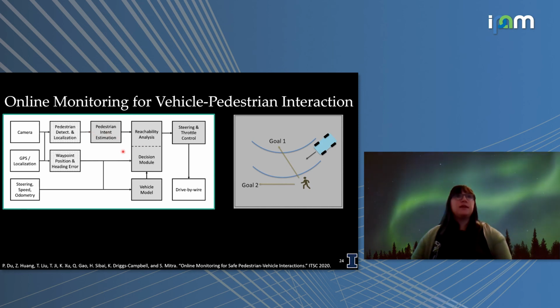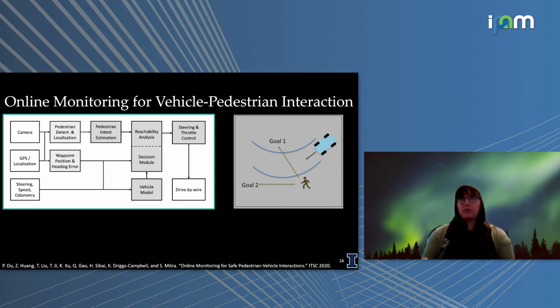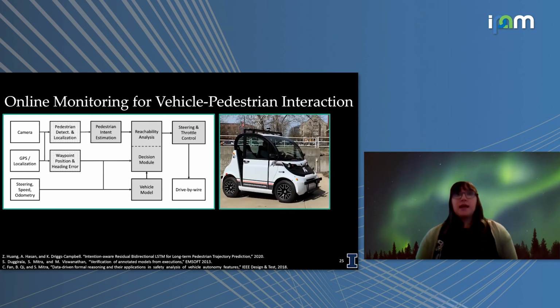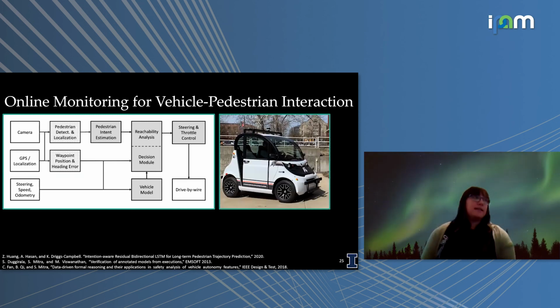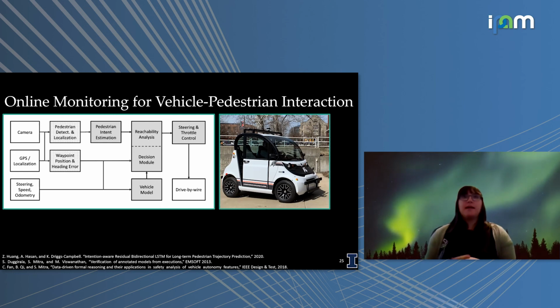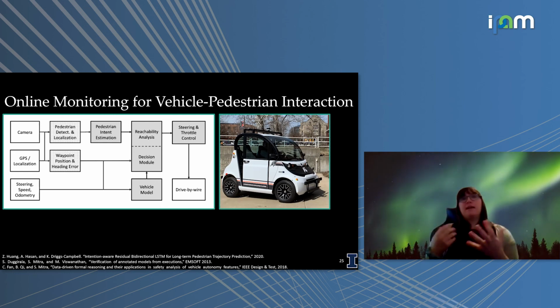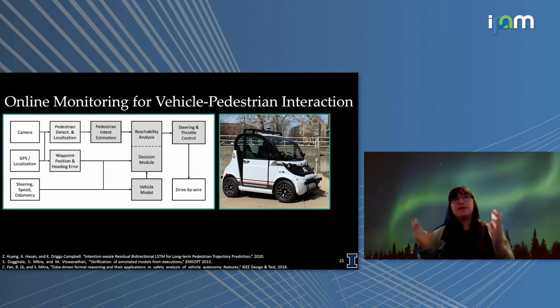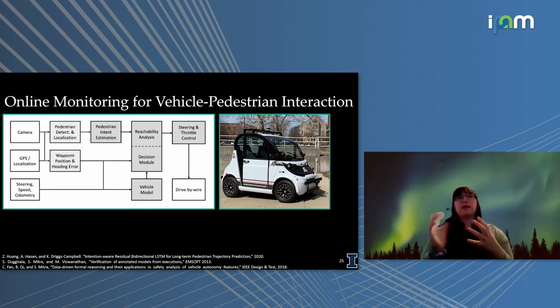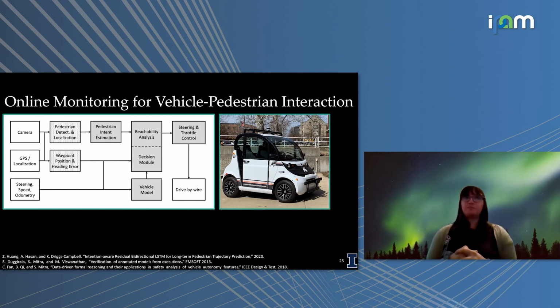We can use this to get some guarantees in terms of the behavior and the interactions that we see here. We're using this test vehicle, a smart car provided by Autonomous Stuff, that gives us this whole platform with the full sensor suite and everything that we can use to execute and test this maneuver.